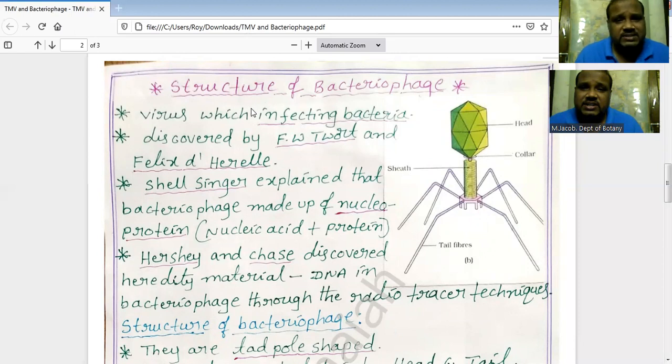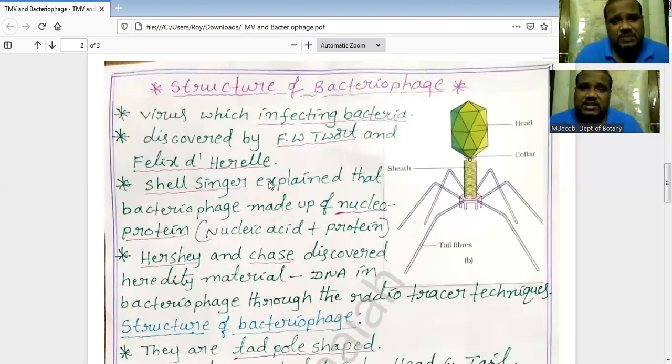The viruses which attack bacteria are called bacteriophages. Bacteriophages were discovered by F.W. Twort and Felix d'Herelle. The term bacteriophage was coined by Felix d'Herelle.